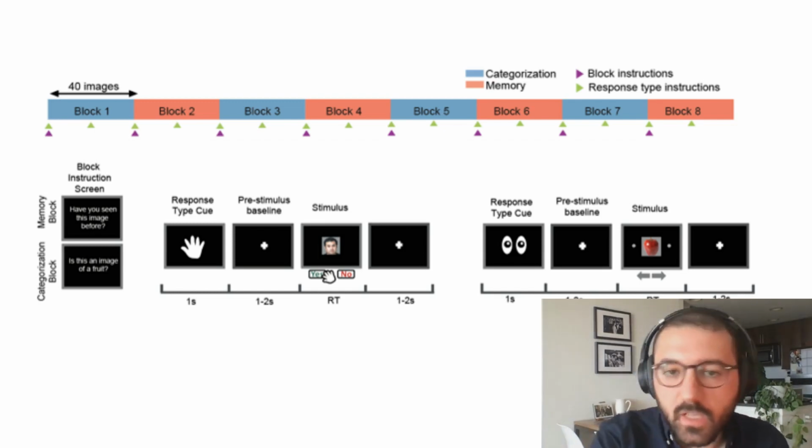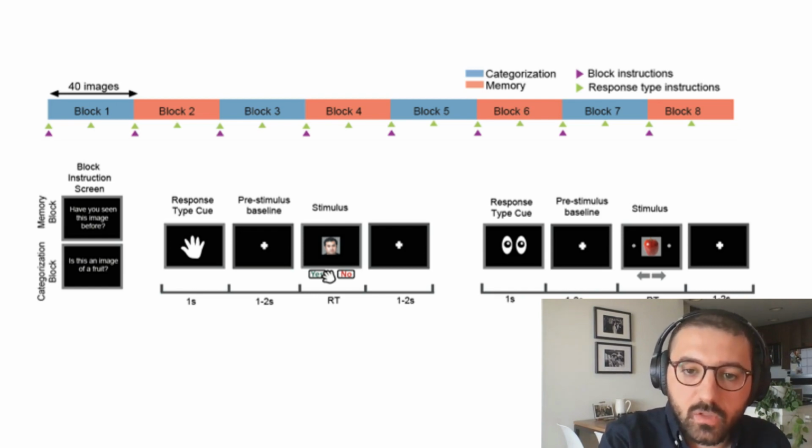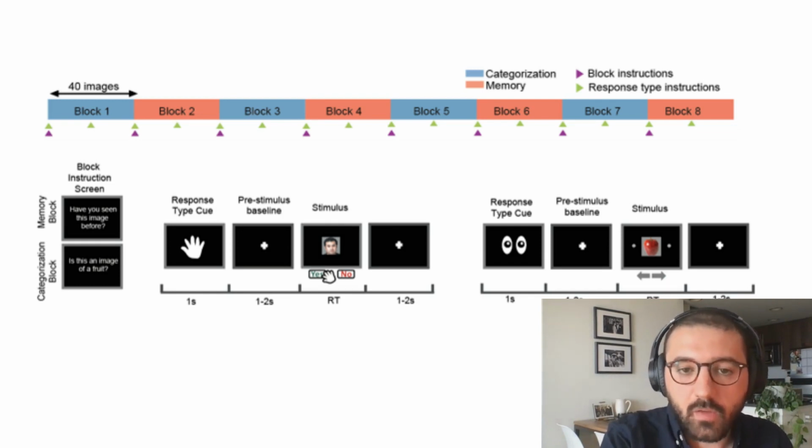To address these questions, we designed a very simple task. Over a series of blocks, in this case, 8 blocks, we asked the subject to do one of these particular tasks. Every block is made up of 40 trials, and on each trial, the subject must remember the task that they're currently performing. They're instructed at the very beginning of the block what task they're going to be performing in that particular block.